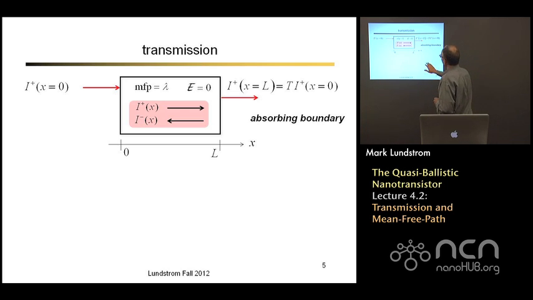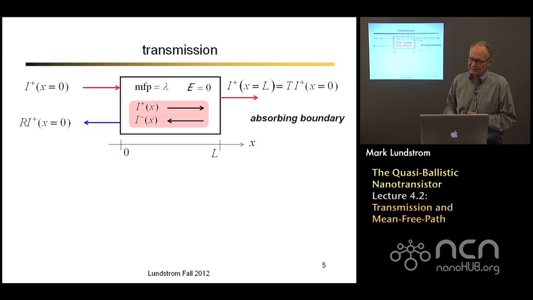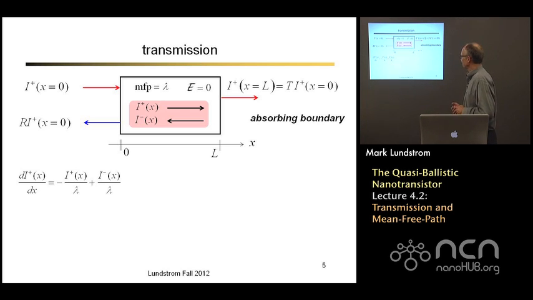What we're going to be interested in is the positive flux that comes out at x equals L. That's what emerges, and that is what, by definition, is transmission times what came in. And we want to compute that t. And then r is just 1 minus t, so we can get that easily. All right, so we can write down a little equation for what goes on inside the slab.